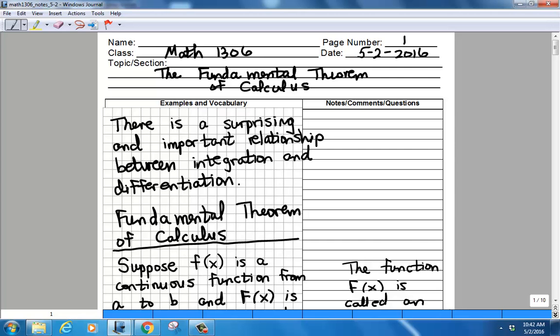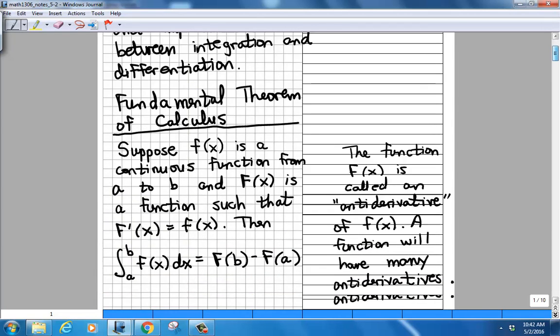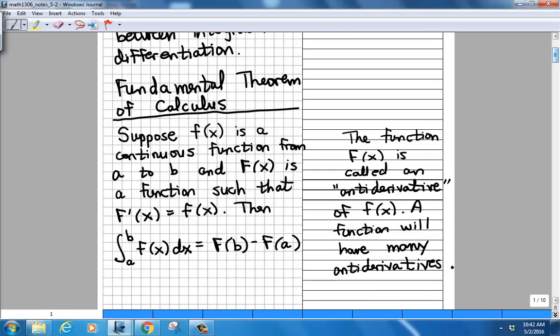All right, so let me show you what the fundamental theorem says. And then, of course, when you see it written down, it's a little bit abstract, but when you start seeing some examples, it becomes clear how to use the fundamental theorem. So suppose we have a function, it's got to be a continuous function, and we're trying to integrate that function.